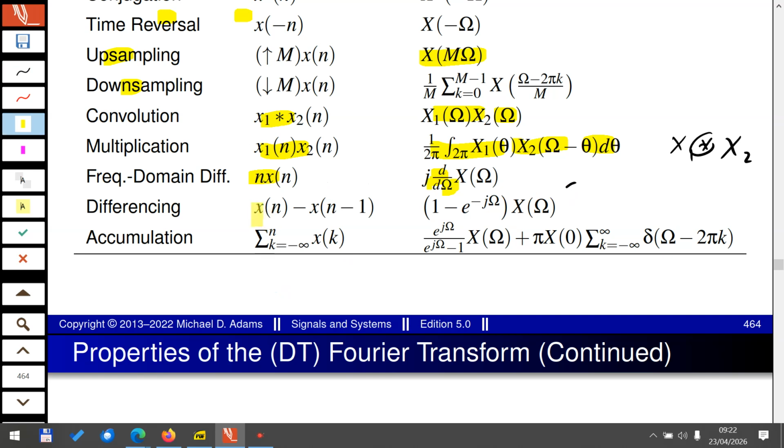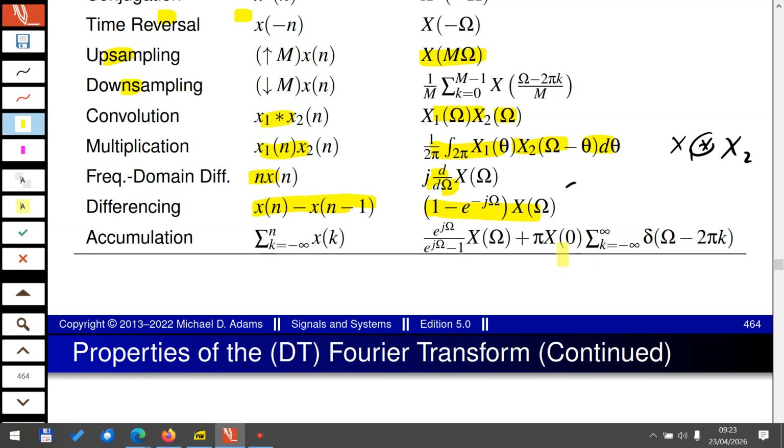And you have differencing: you subtract a translated version from the original, and you have this thing. And you have accumulation, right? Accumulation is when you start from a particular value n and you add all the previous values. So you go from n, n minus 1, n minus 2. So everything before n, you're adding it. That's what is called accumulation.